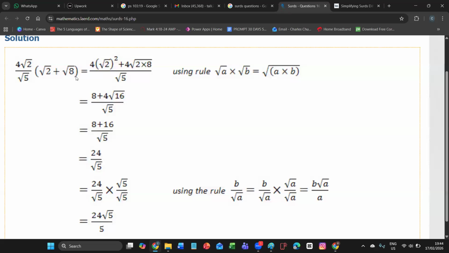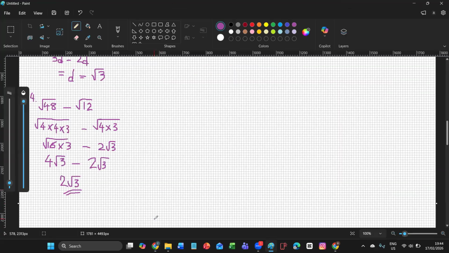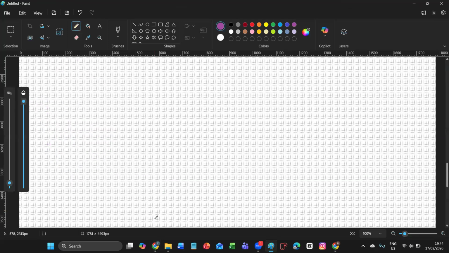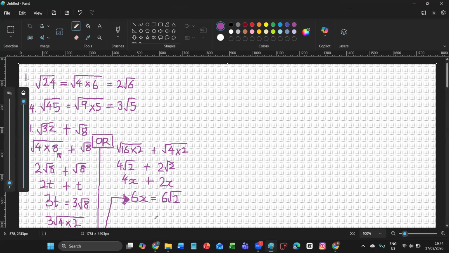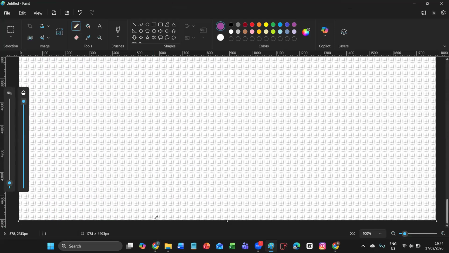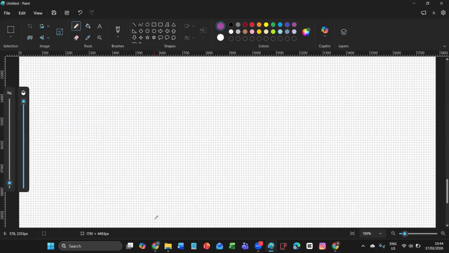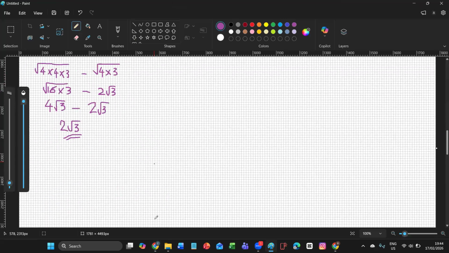I think you will appreciate it better if I work it. So we're going to take it down here, since it looks like I have some space.